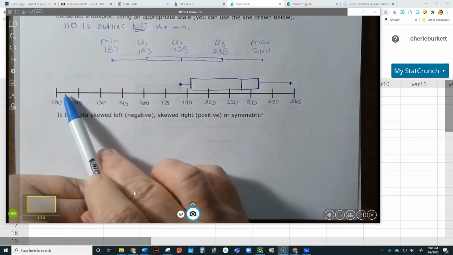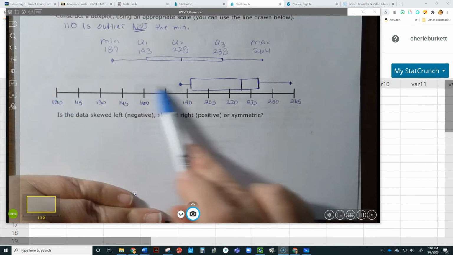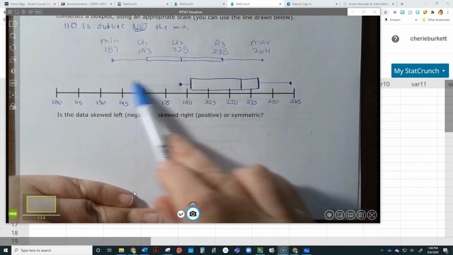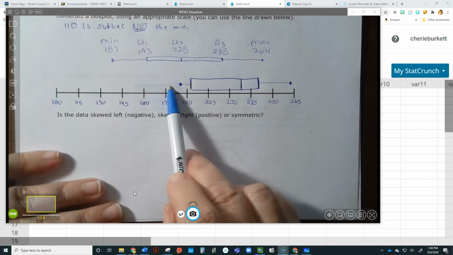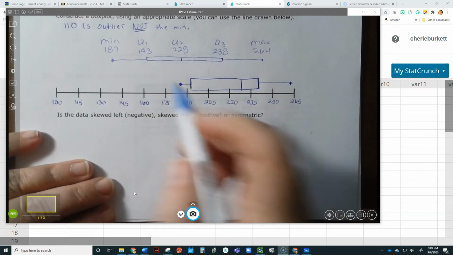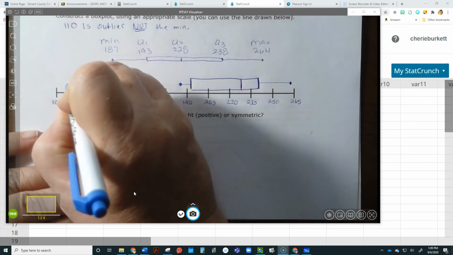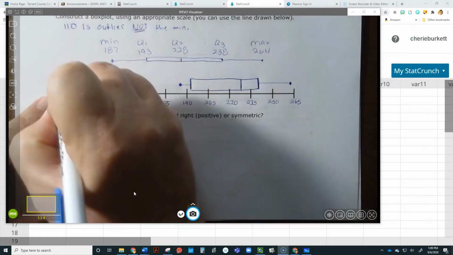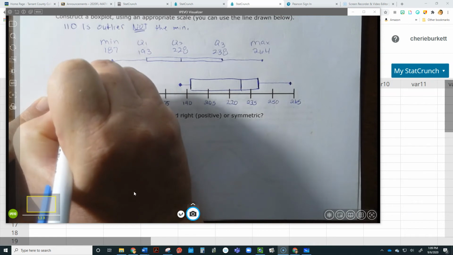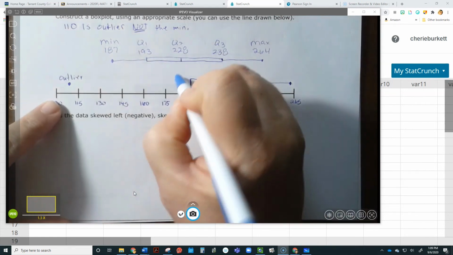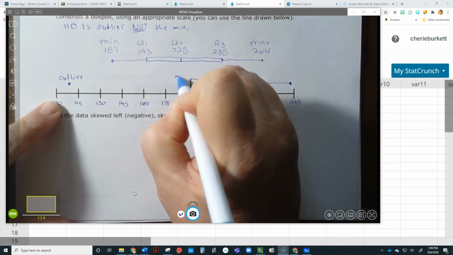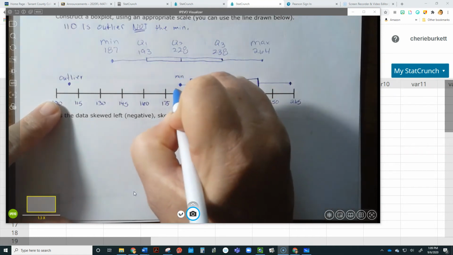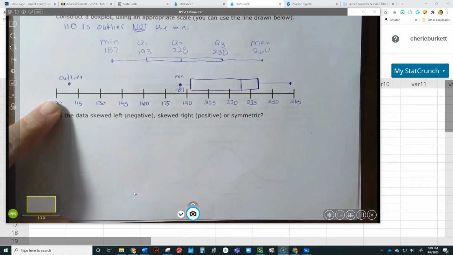You might be thinking that it's not very appropriate because all of this piece of the graph down here is not being used, but that's because 110, which is our outlier, is way down here. So I'm going to label this outlier, and this is our new minimum, and I'd go ahead and number it 187.